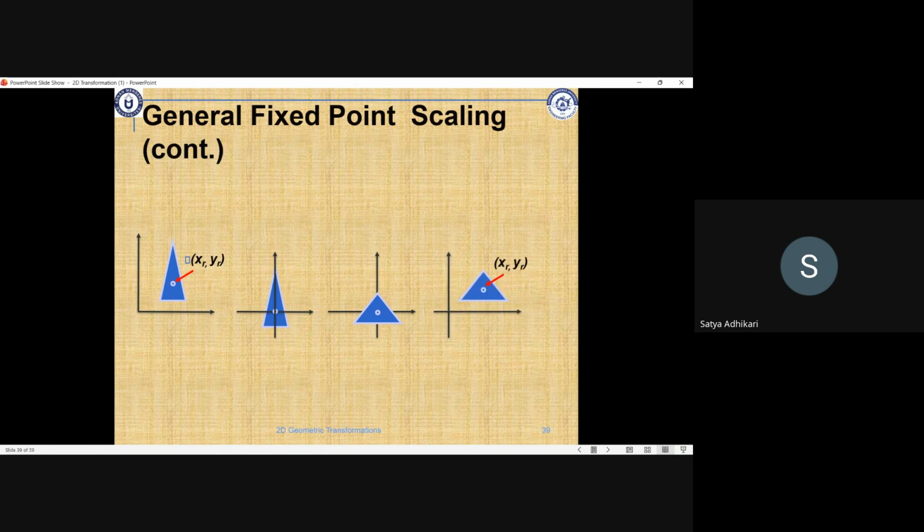Now take that point back to the original position XR, YR, which was in the first figure, using inverse translation.